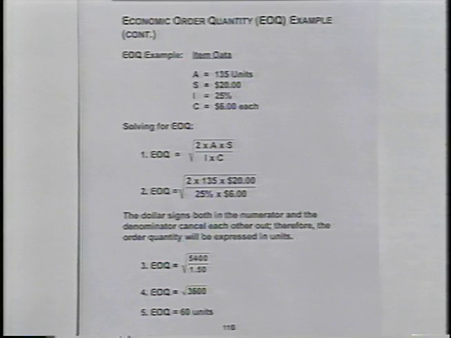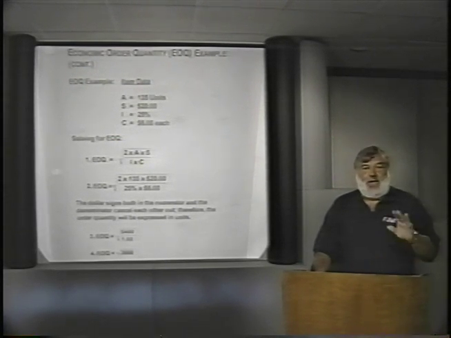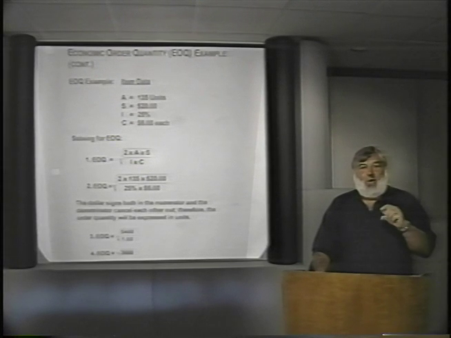We go through our division, and then we take the square root of the 3600, and therefore the EOQ is 60 units.